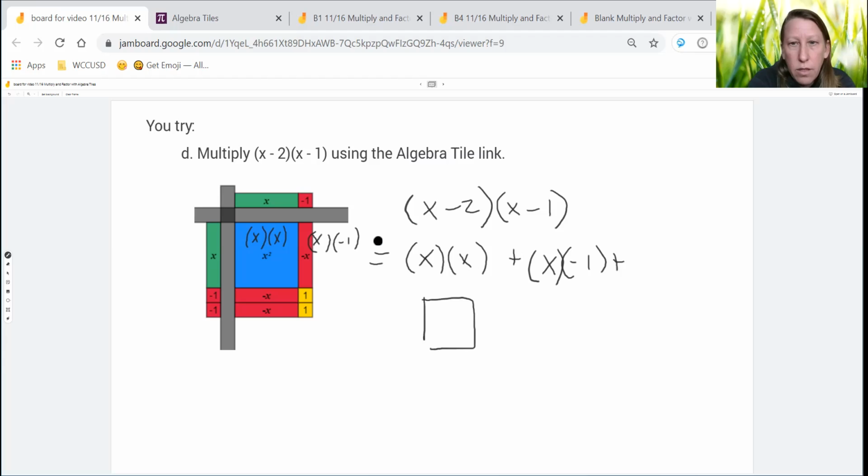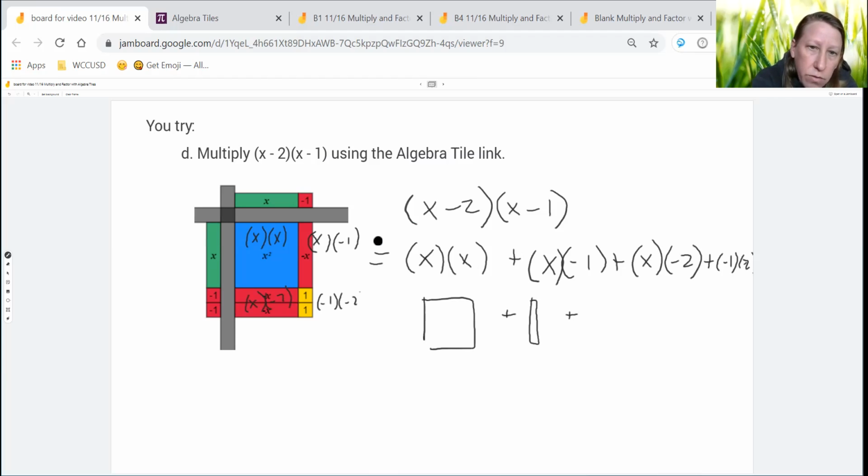That's x squared. Okay, and then we had a red one. And then over here we had x times -2. And then in the corner we had -1 times -2. Over here we had -1 times -2 right in there. And that became, these were negative. And I had these two little guys in the corner.